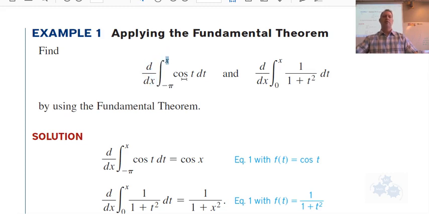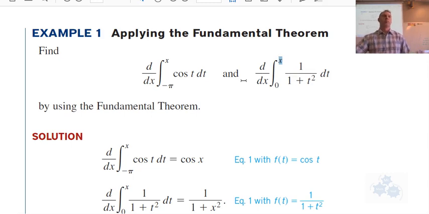And what we're left with is just cos of x. So d dx of an integral with an upper bound of x, we get this function back out, cos of x. This one here, doesn't matter what this number is, forget about it. If this is x, then the answer is 1 over 1 plus x squared. So you're taking the derivative of the integral, you just get this function back, that's it. When this is just x on top, that's all it is.